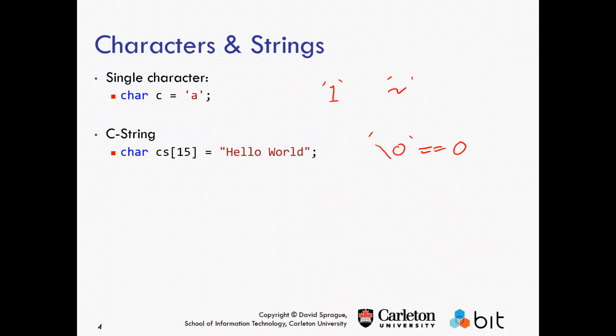We'd have these C strings, and then I might have functions such as strlen, and I'll put CS in that string, and it's going to spit out a number, right?